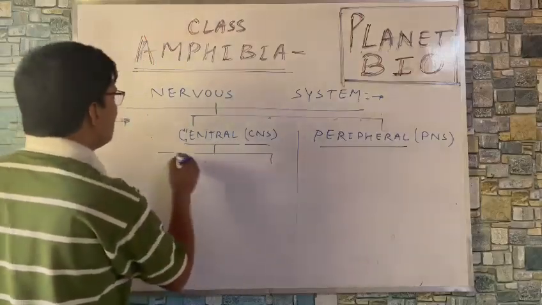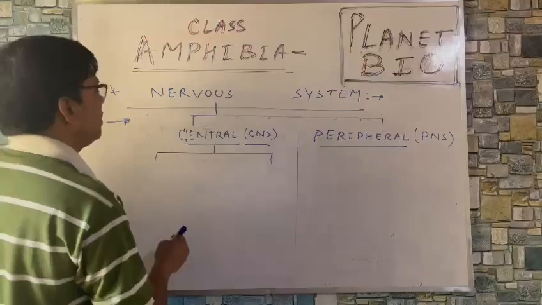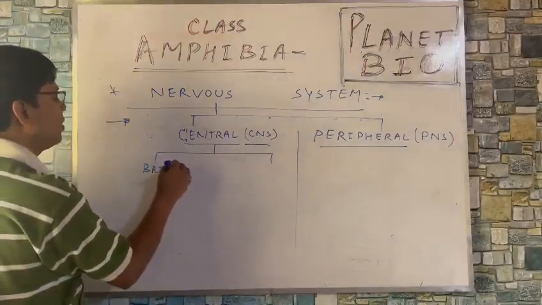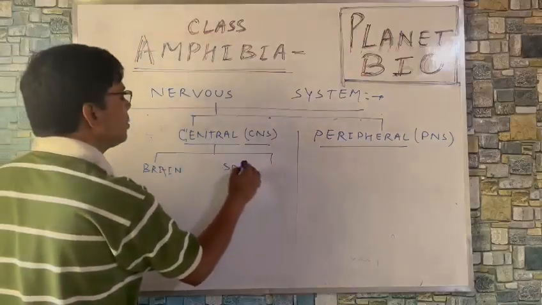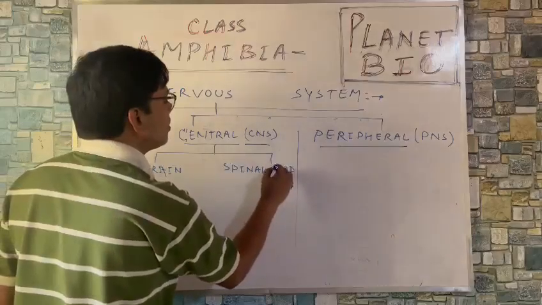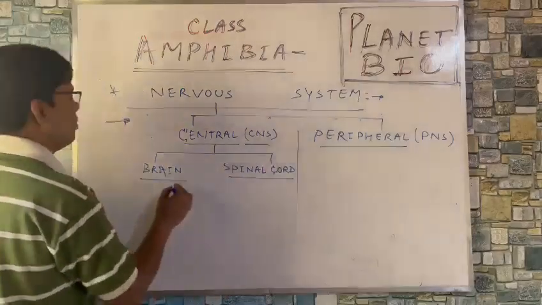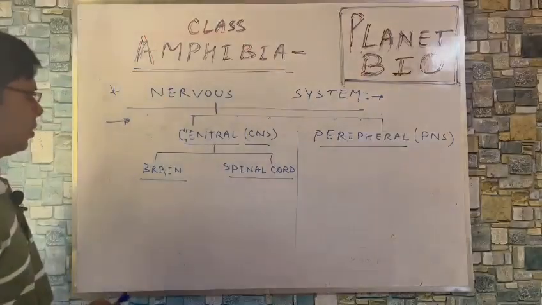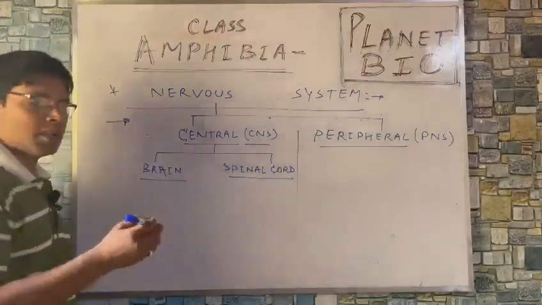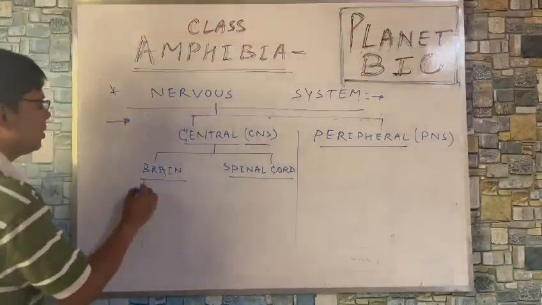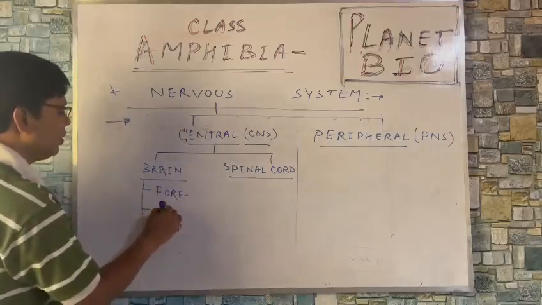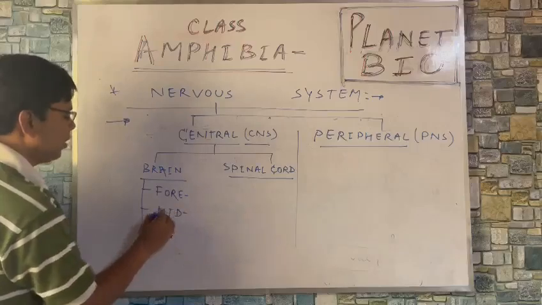CNS: brain and spinal cord. The brain is further divisible into 3 parts: forebrain, midbrain, hindbrain.